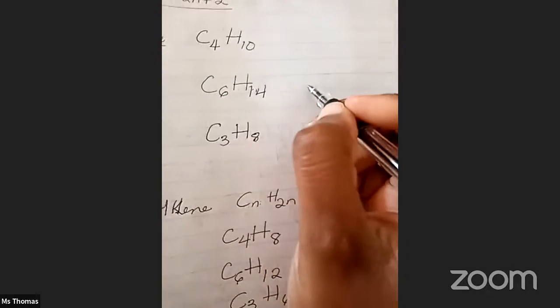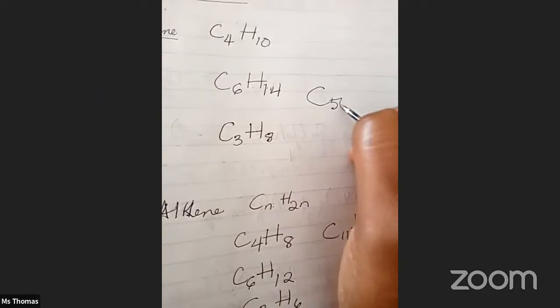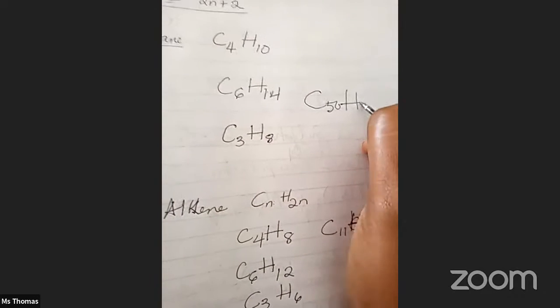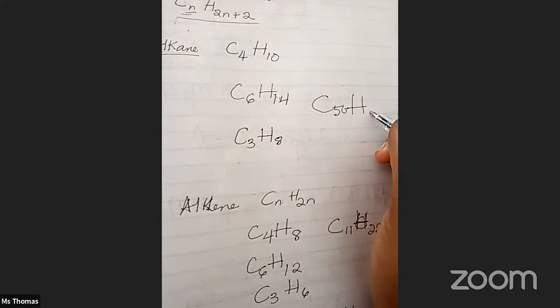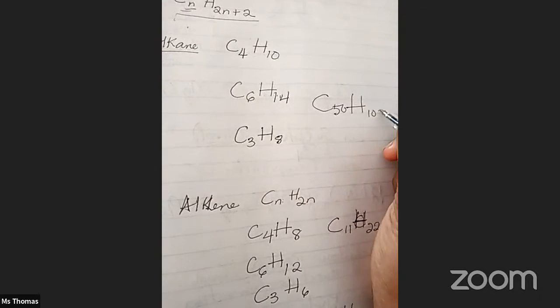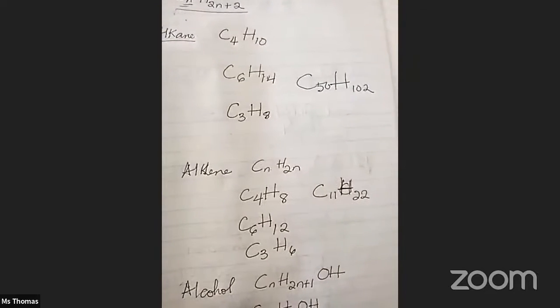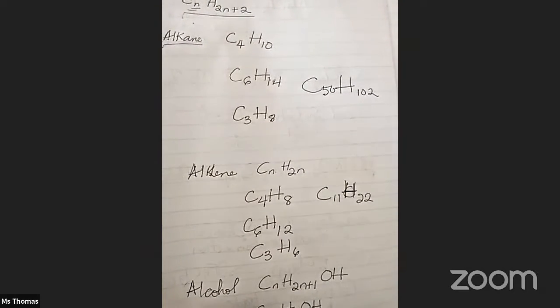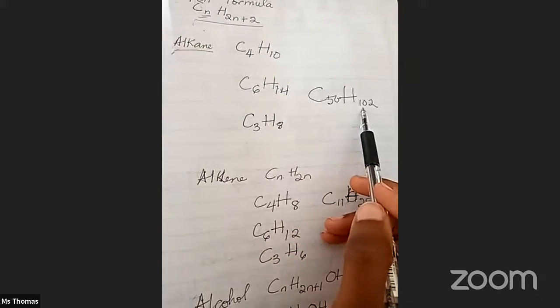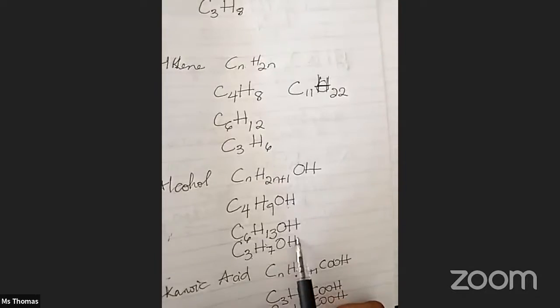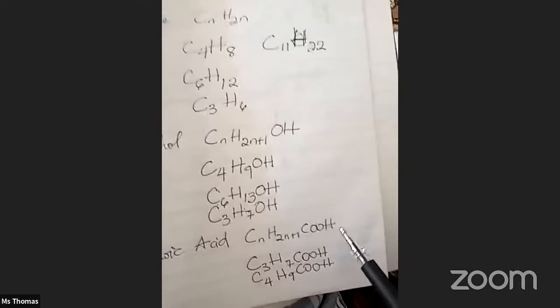If you have C50, the number of H's for an alkane would be 50 times 2, which is 100, plus 2, which is 102, right? So it doesn't matter the number of carbons you have. As long as you apply the formula, you will know how many hydrogens, as well as the functional group that is attached to it.